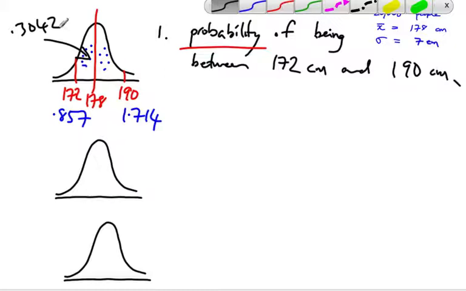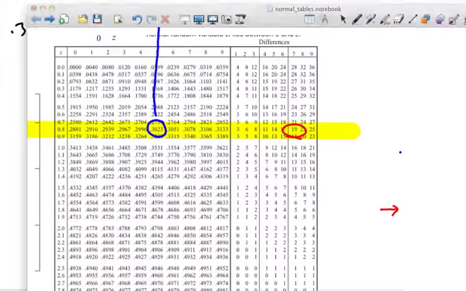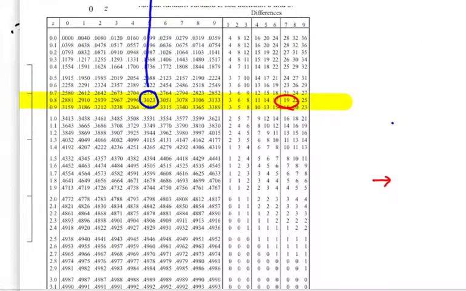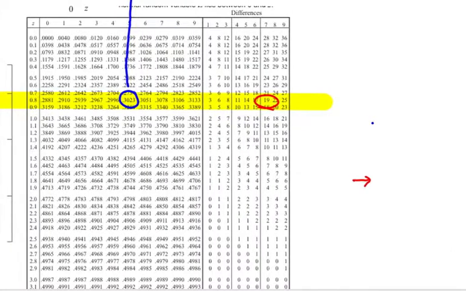Then I do the same for 1.714. I go back to my tables, and I take this down to 1.7, which is that row there. 1.71 is this one here.